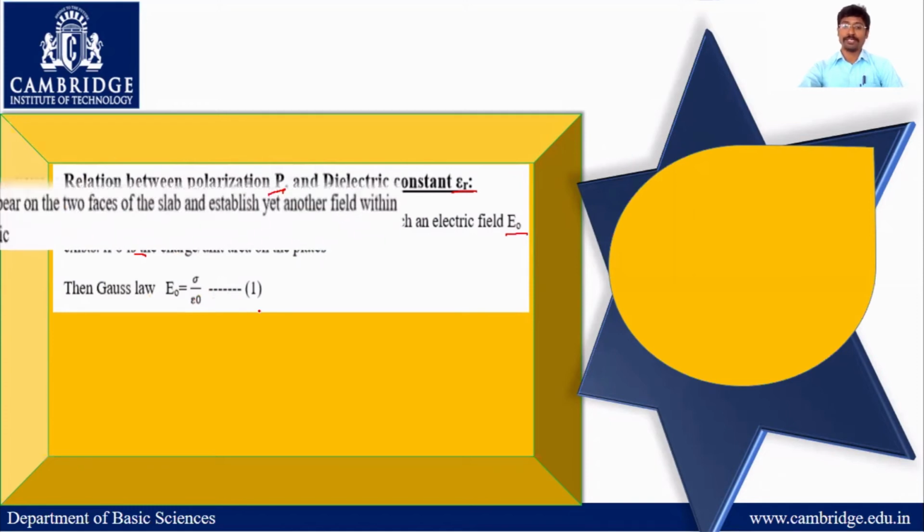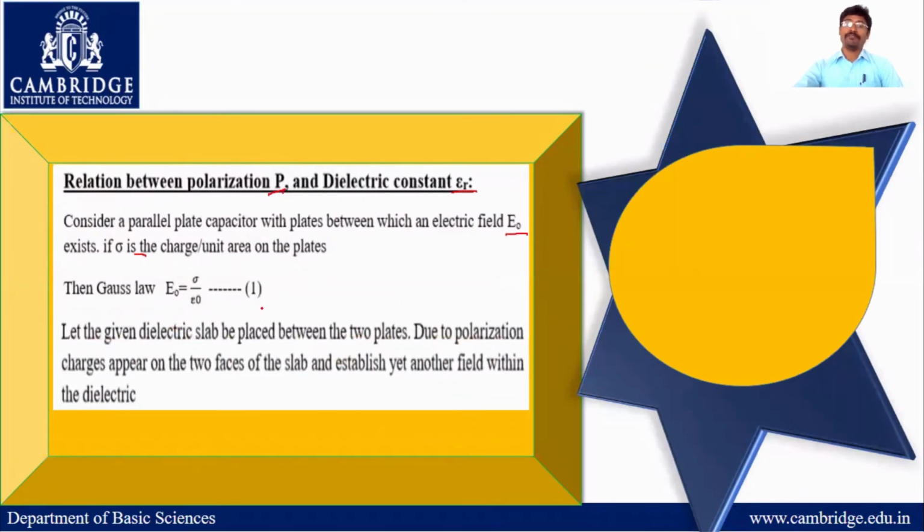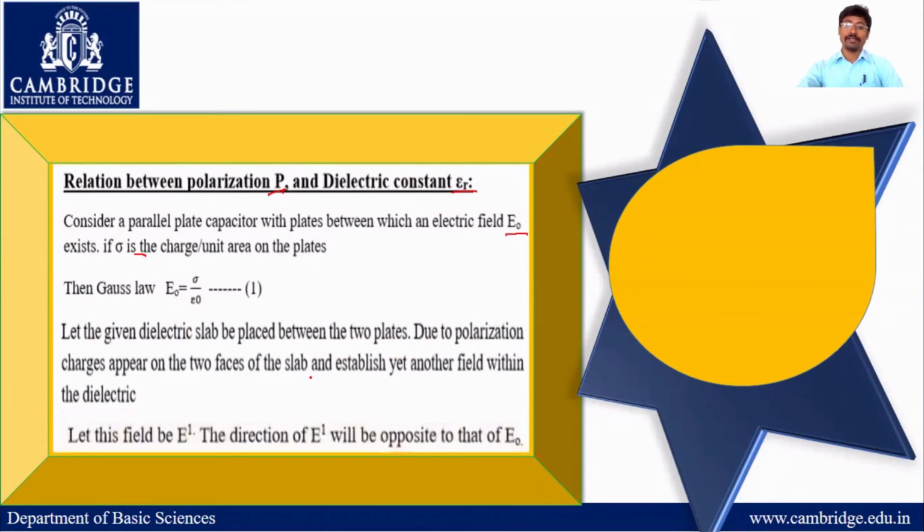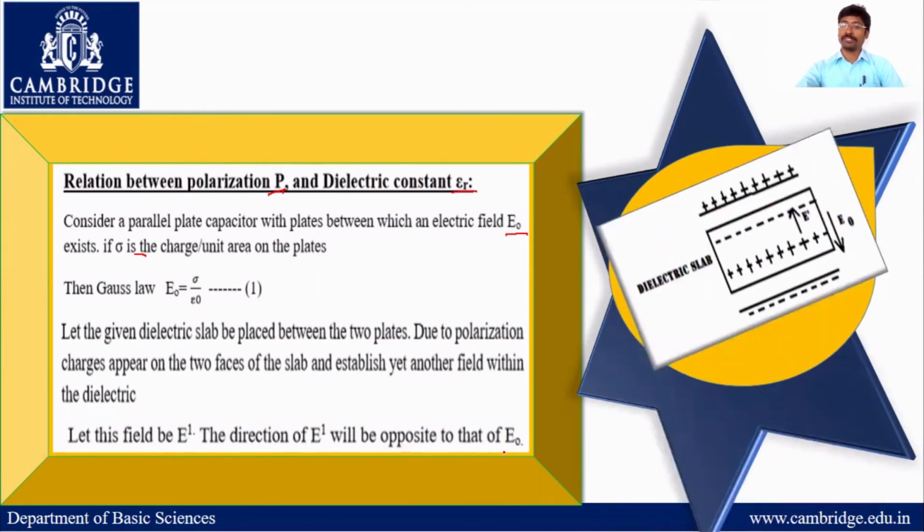Now, let a dielectric slab be placed between the two plates. Due to polarization, charges appear on the two faces of the slab and establish another field within the dielectric. Let this field be E dash, which is opposite to that of E naught.